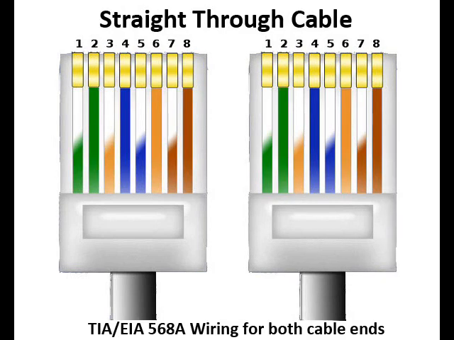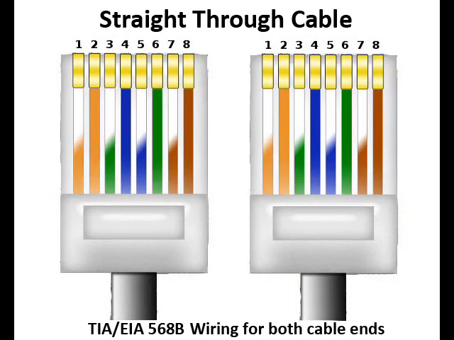But a straight-through cable uses T568A for both ends or T568B for both ends. If both ends are different from each other, that's a crossover cable. If both ends are the same, that's a straight-through cable. So why are we waiting? Let's start to make the crossover cable.